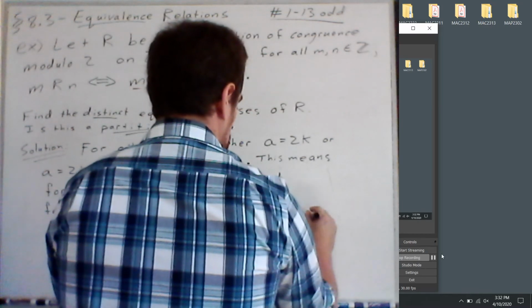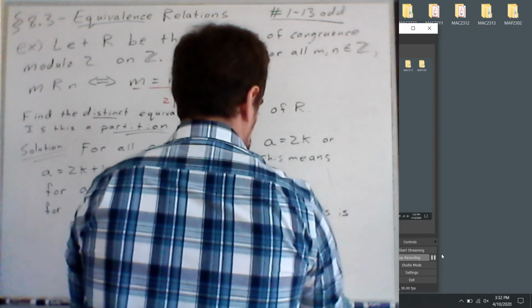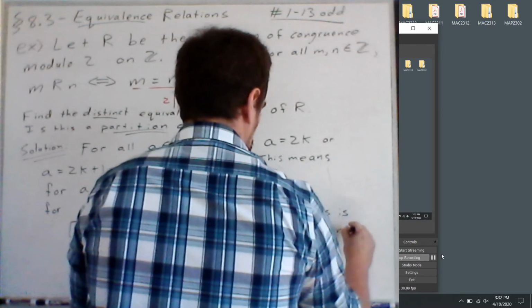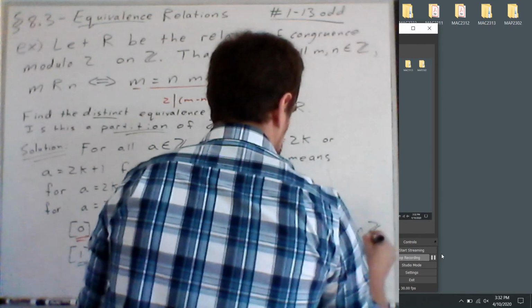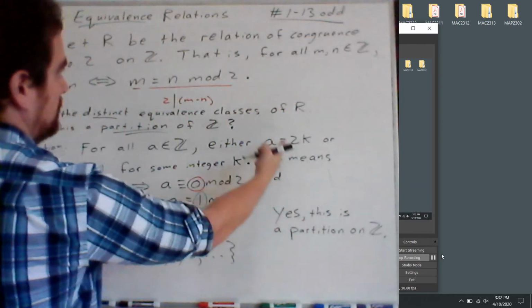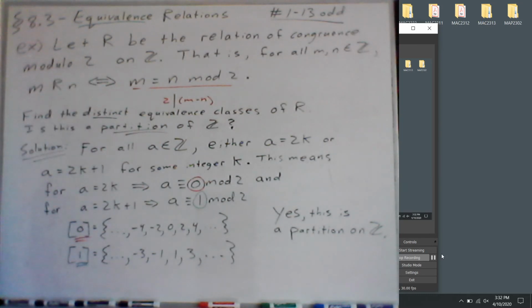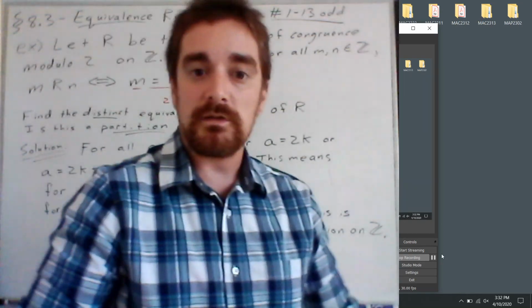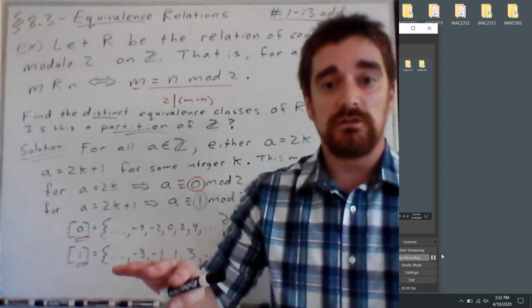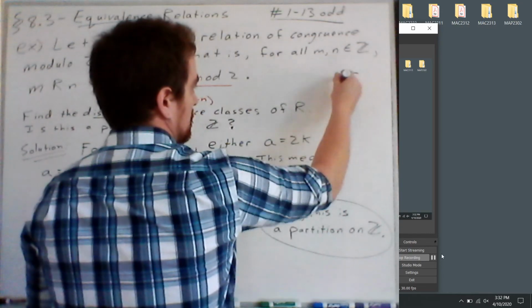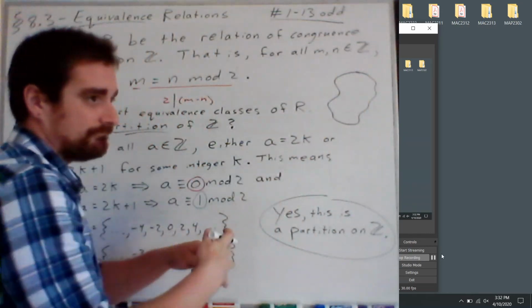So yes, this is a partition on Z. I say this, specifically I mean the relation of congruence mod 2. So this mod 2, or arithmetic mod 2, does actually partition the integers. What it does is it partitions the integers into a set, even though it's an infinite set.